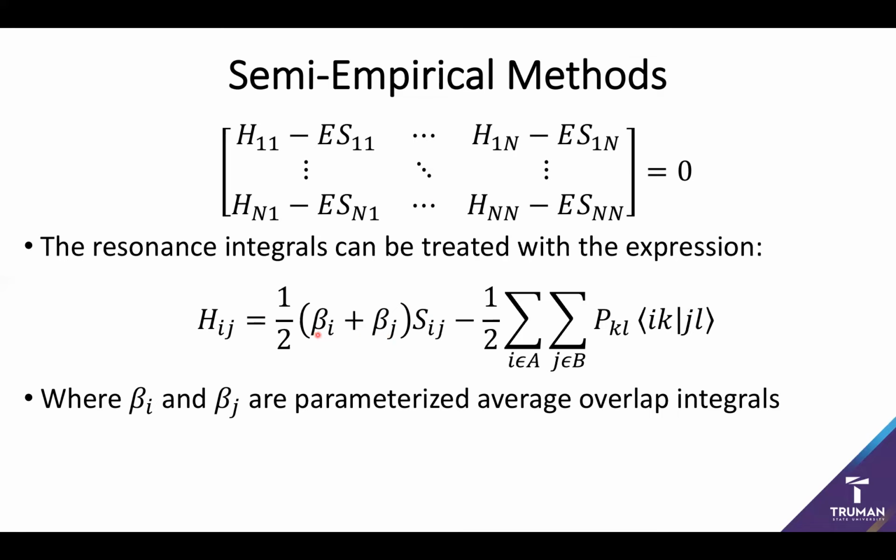So every single different type of atom will have its own tendency of overlapping with adjacent systems. And so I can simply take the average of the two atoms interacting and then correct this based on the extent of overlap.